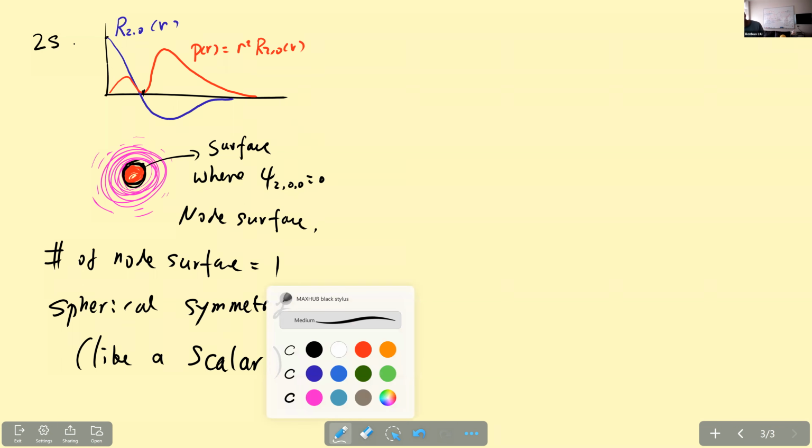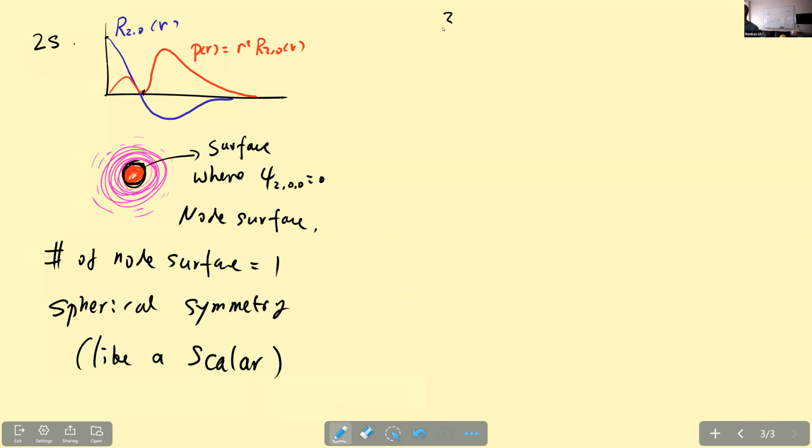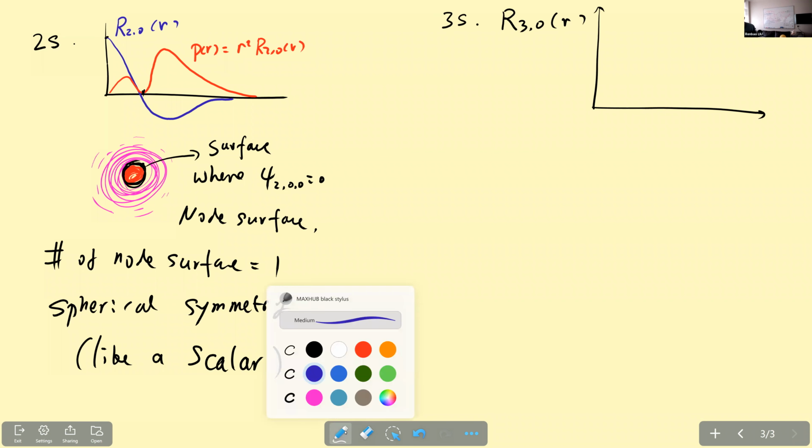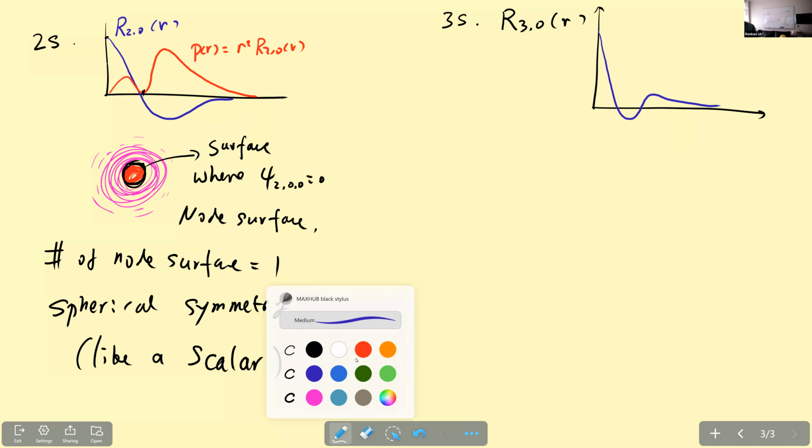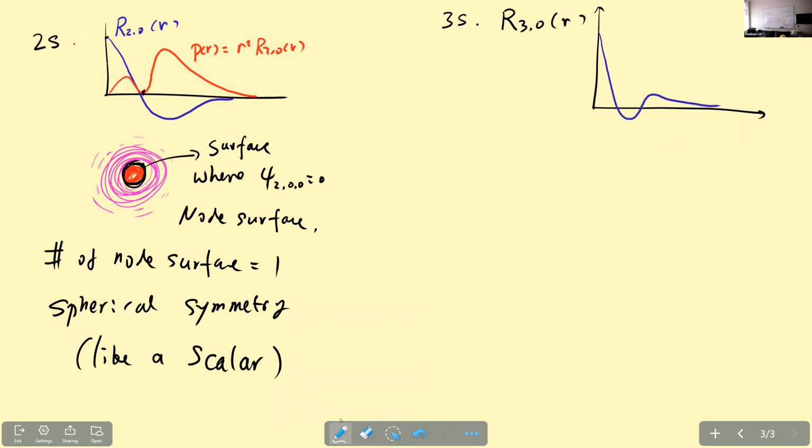And then let's look at the 3s states. Okay, now you have R30, right? So that will be something like this. And the wave function, of course, goes like this, and then you can say there will be 2 nodes, right? And again, the probability of finding an electron at a distance from r to r plus dr will be something like this one.